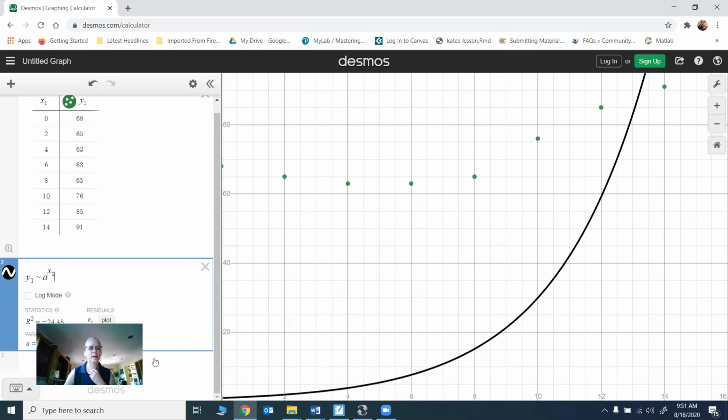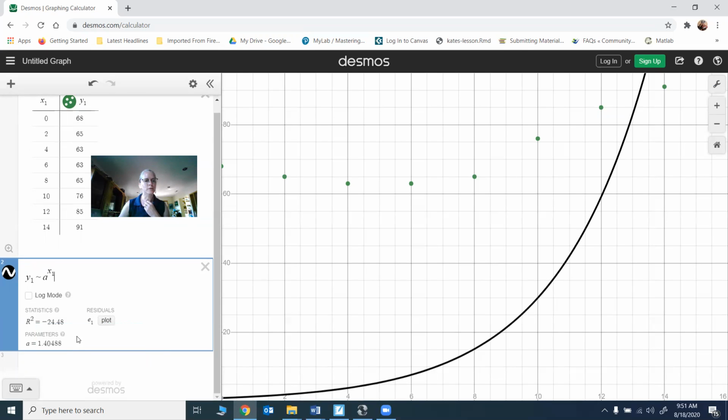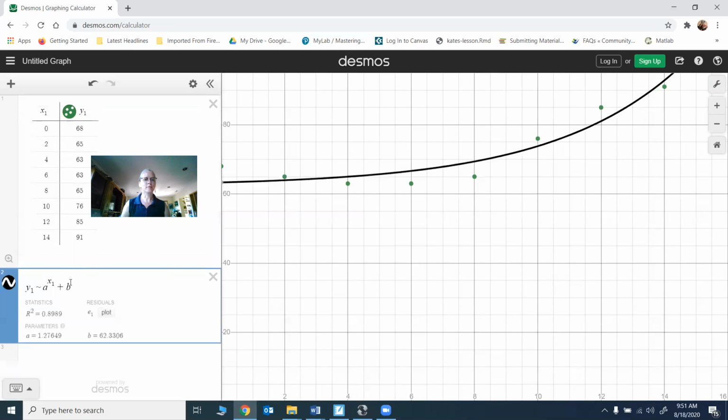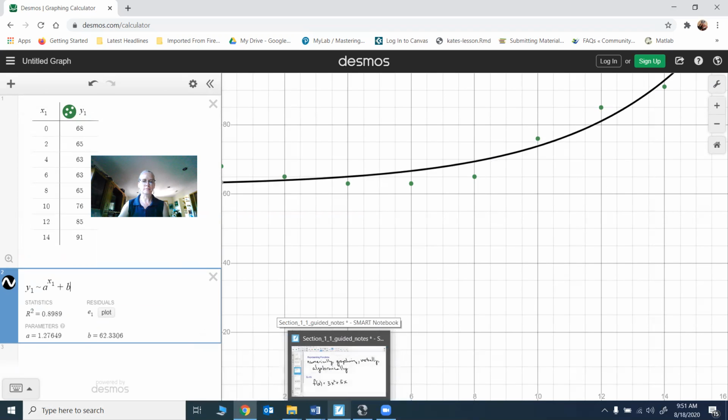But you can do that kind of stuff and you can see what your parameters are, what your A value is. So it didn't fit it very perfectly, but we can actually do regression analysis in statistics classes and get a better fit of this and a better idea of what it might look like. So you can actually graph these up. Let's add in another parameter. Yeah, there we go, that's a better one. If we add in a B, that will shift it up and we can now see a little bit better. And that allows us to fit this data to this graph. So that's another thing you can do, is fit graphs to these.